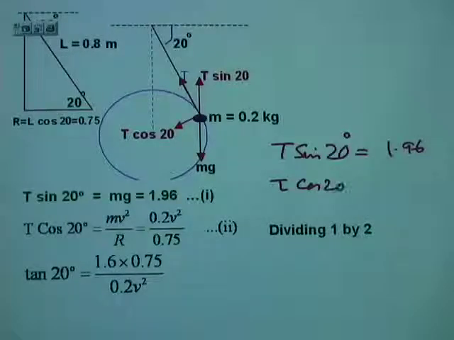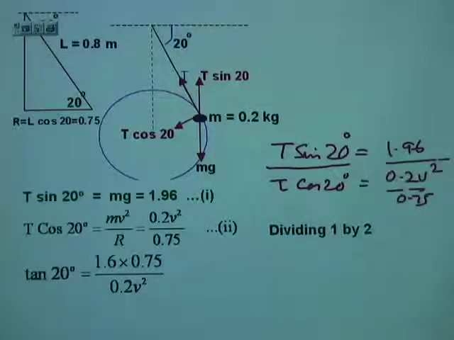T cos 20 degrees is 0.2 v squared over 0.75, the second equation. Divide the left hand side of the first equation by the left hand side of the second equation. Divide the right hand side by the right hand side. Now, there T and T go. Sine 20 divided by cos 20 is tan 20.